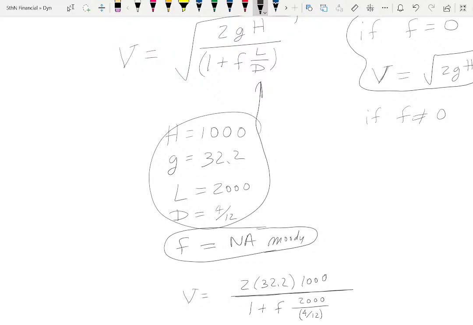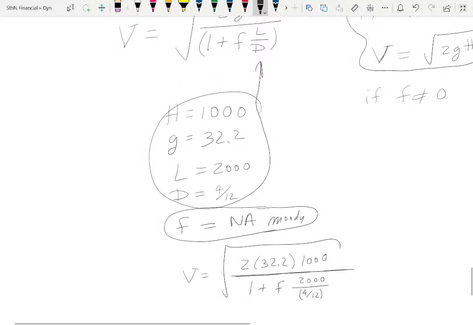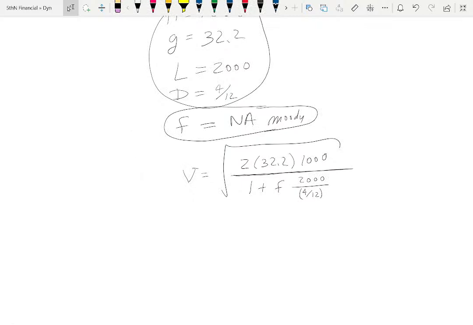Now that I have that down, I can sort of figure that out. 1,000 times 32.2 times 2.